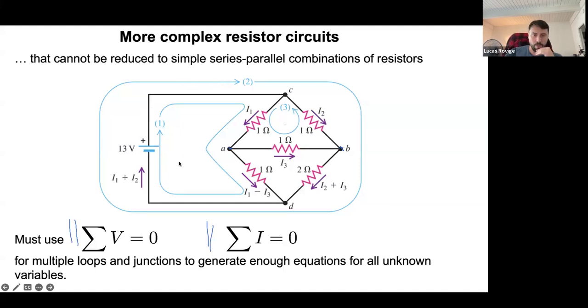What we are going to do is use the loop rule in different loops in the system to have access to all the currents. The resistances are characteristic of the problem, given by the problem, as well as the potential given by the battery.